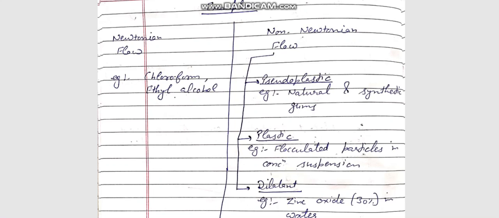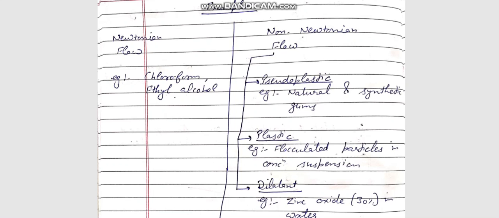All the gums which are of natural or synthetic origin come under the category of pseudoplastic flow. And the example of plastic flow is flocculated particles in a concentrated suspension.